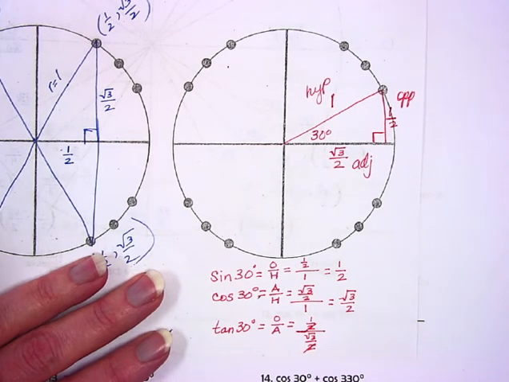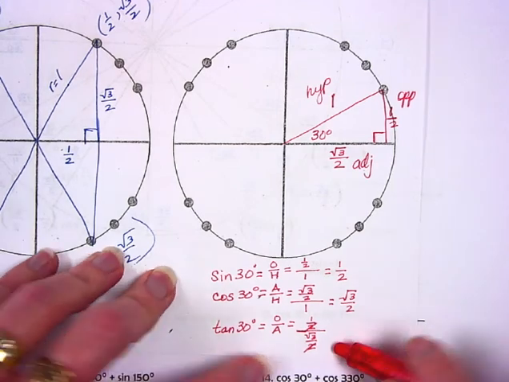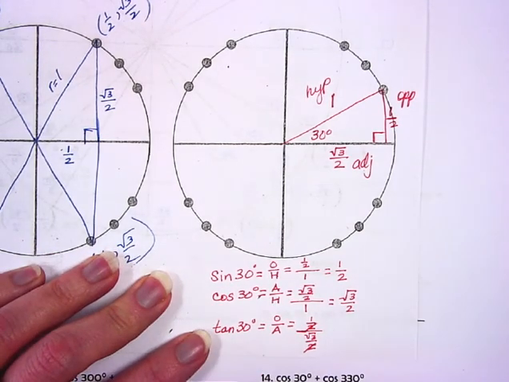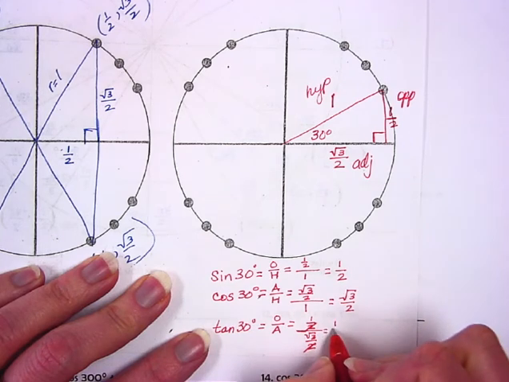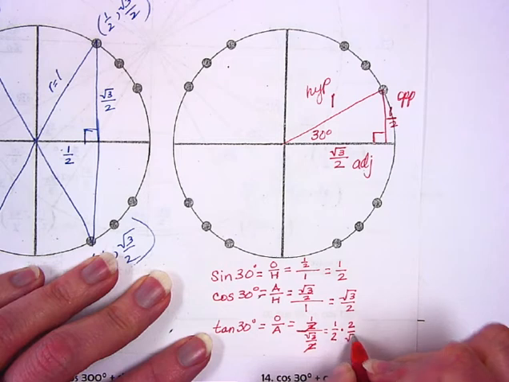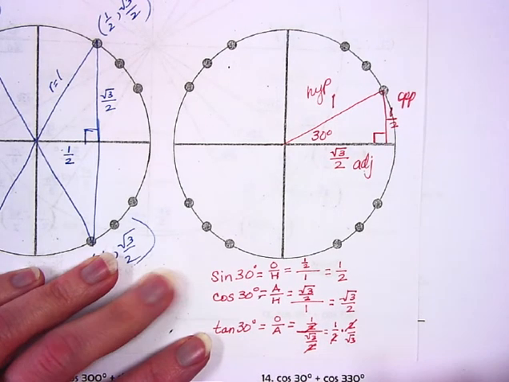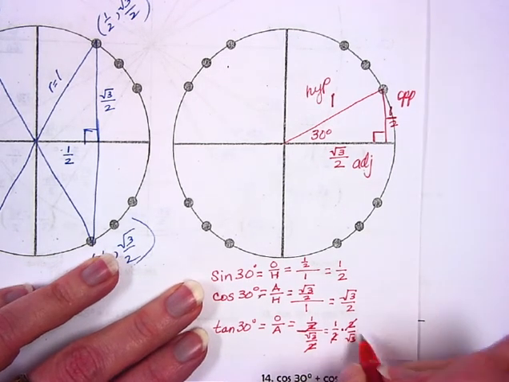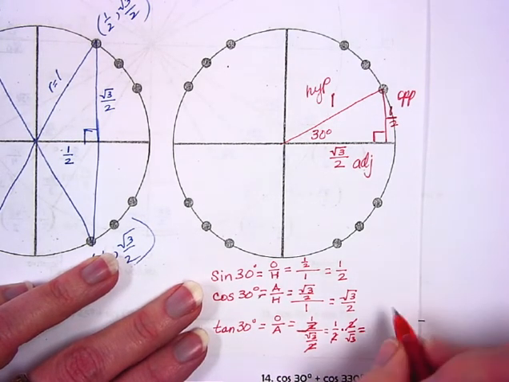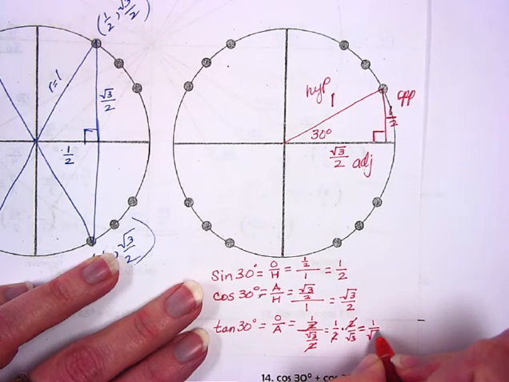Let me write it the way you're more used to seeing it: 1/2, and I multiply by the reciprocal, which would be 2 over the square root of 3, and so then we see how those 2's divide out as well. So the same thing, but if you can remember it, I don't use it too often, so I have to think about it. We'll just say it that way.